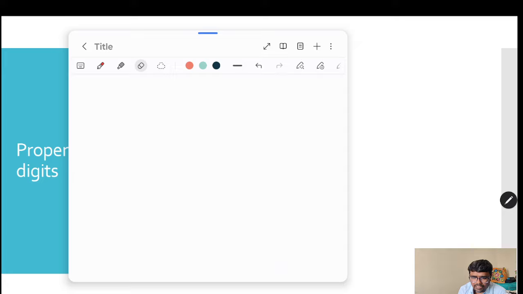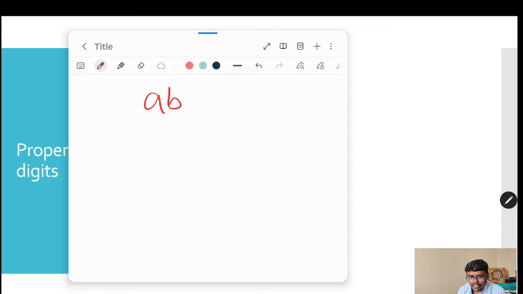Here, one more small concept I want to discuss based on the previous questions. Many times you will get a question based on a 2-digit number, reversed and added together. What is the concept of that question? Let us say AB is a number.